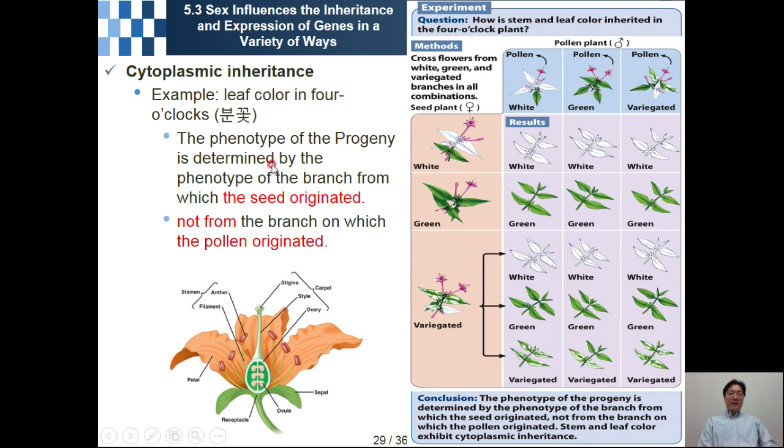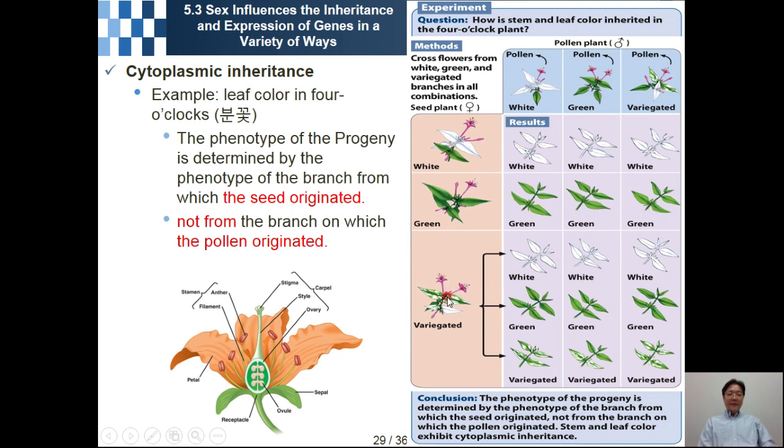So it means that the phenotype of the progeny is determined by the phenotype of the branch from which the seed originated. This seed originated from this branch. The branch's color is white, so all of the offspring are white. For example, the seed originated from these branches. The branch's color is green, so all of the offspring will show the green color.